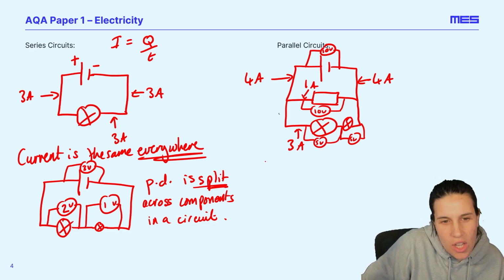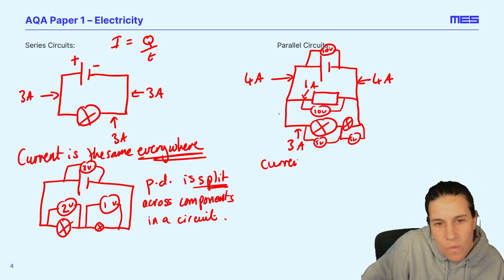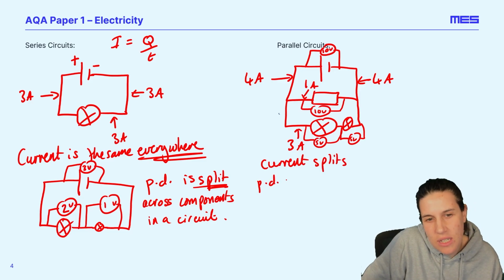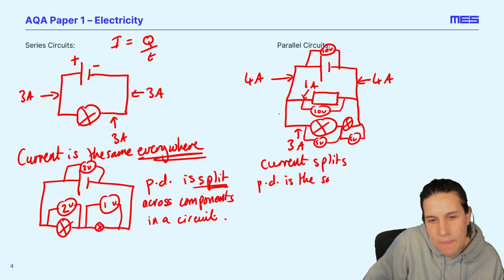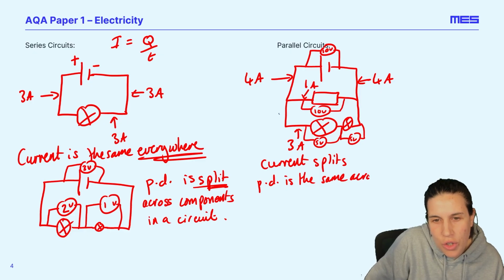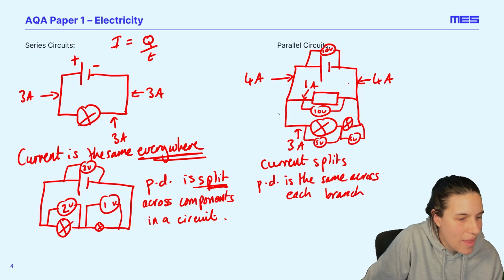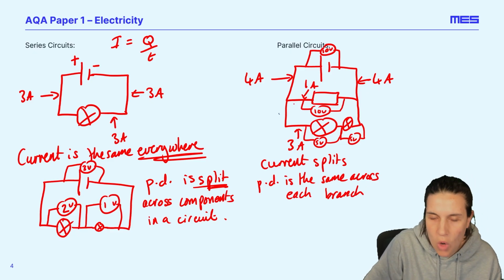So in a parallel circuit, we say that the current splits, but the potential difference is the same across each branch. That's what we call these guys here. We call them branches.